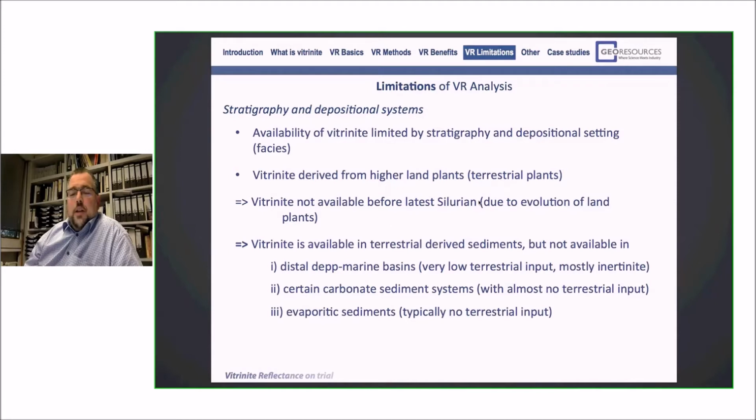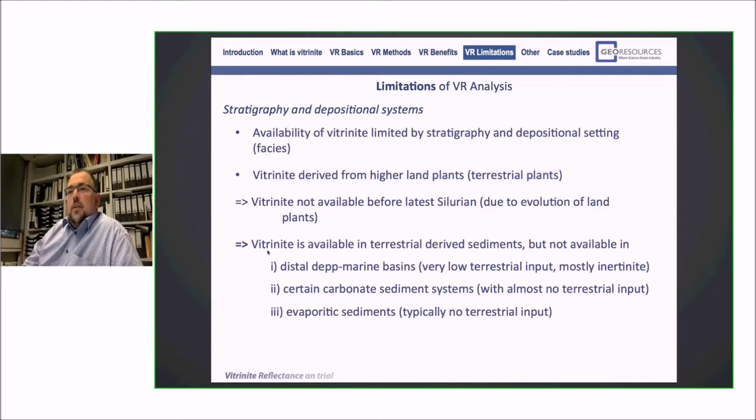So for all systems we want to analyze before the latest Silurian, vitrinite reflectance is not available. This is quite an important point for all the early Paleozoic shale systems which are under investigation during the last years regarding unconventional shale gas and shale oil.